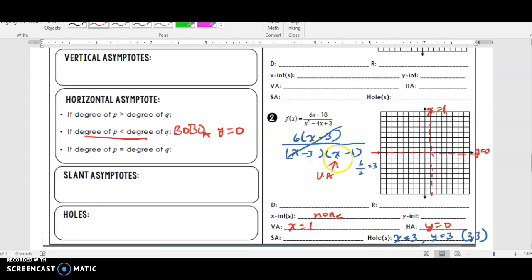And when you look at the y-intercept, you can actually substitute in the beginning itself. So when x is 0, y is negative 18 divided by 3, which is negative 6, because if you substitute 0, all of these will be zeros. So the y-intercept is 0, negative 6.